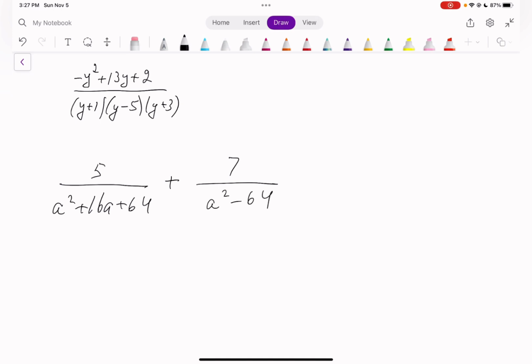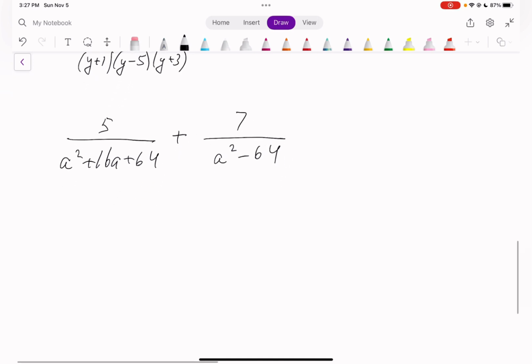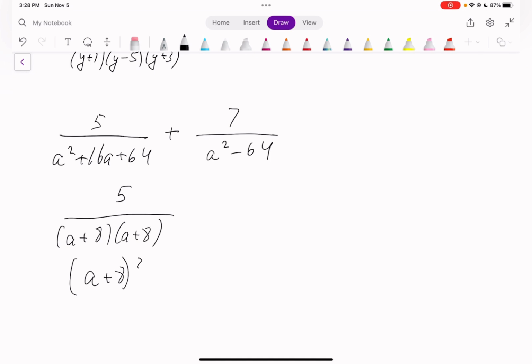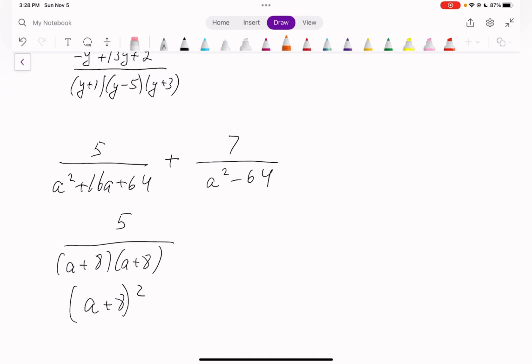Okay, well, I am going to just fly over because I have solved already so many times such problems. So 5 over, this is going to be a plus 8 squared. You can factor it or you can treat it as a perfect square, a squared plus 2ab plus b squared, which is equal a plus b squared.